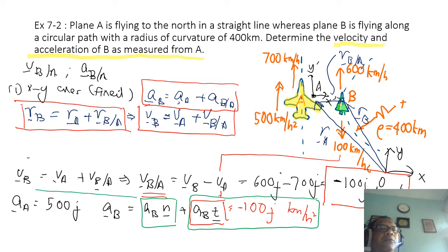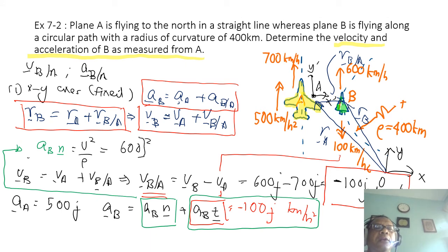So the acceleration of B in the N direction equals V squared over rho. And the direction is always to the negative X direction, in the direction of the curvature. So V squared is 600 km per hour squared, divided by rho, which is in kilometers, so it's 400.